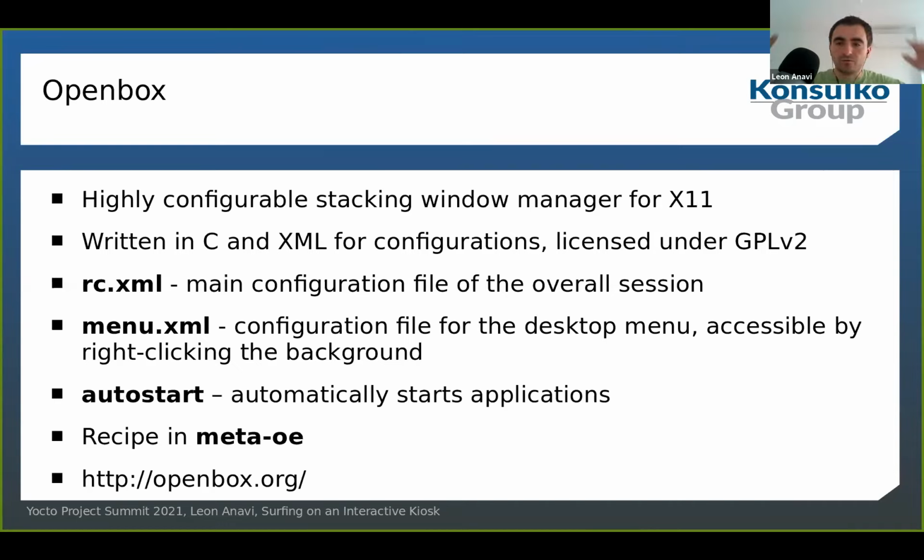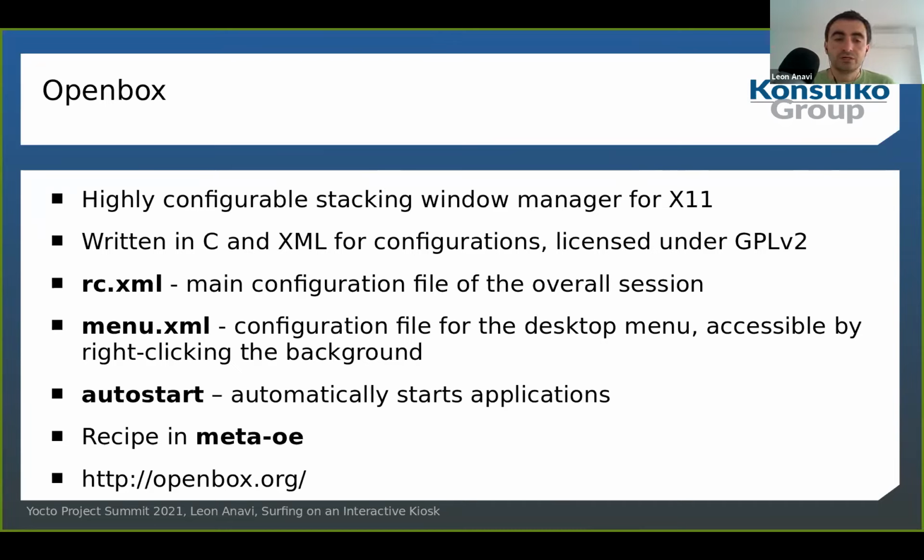It's for the overall session, for the whole session. menu.xml is another configuration file which controls what should show on the screen when you click the right button of the mouse, all the options there. And through this XML file, you can have full control of this menu.